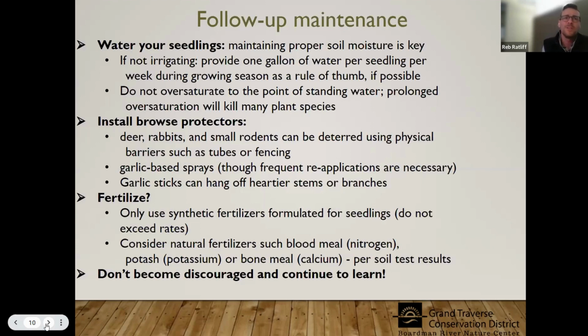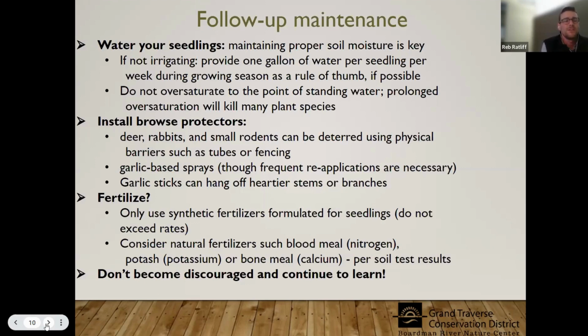In terms of fertilizing, I've heard mixed opinions from professionals on whether fertilizing seedlings is a good idea. If you are going to use synthetic fertilizers, make sure they're formulated specifically for seedlings and don't exceed the rates.